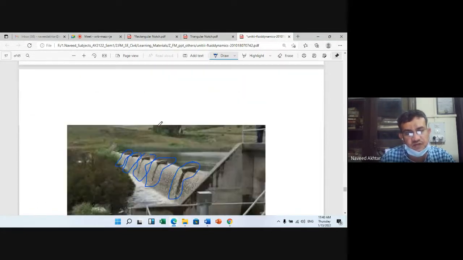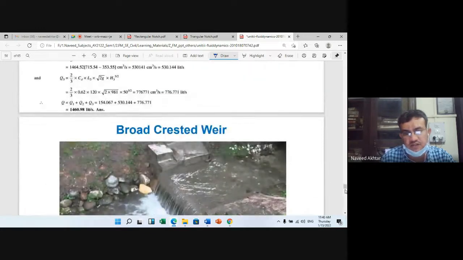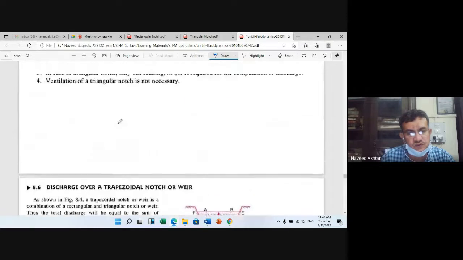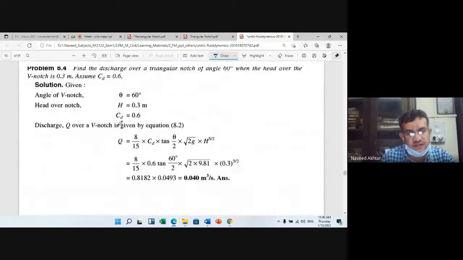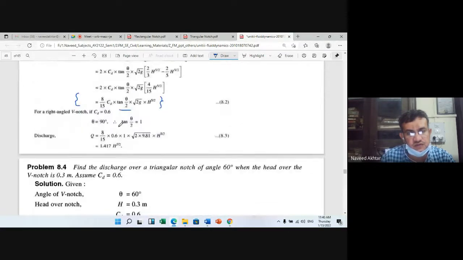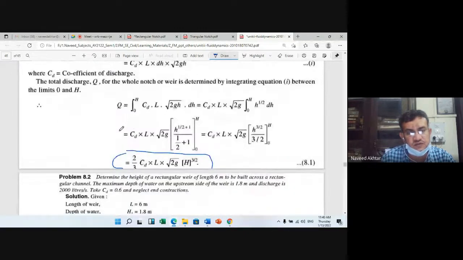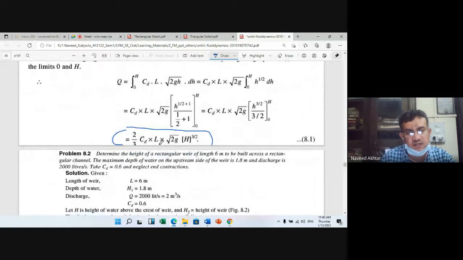So this is the formula for theoretical discharge for a rectangular notch, 2 by 3 CD L into root of 2G H to the power 3 by 2.